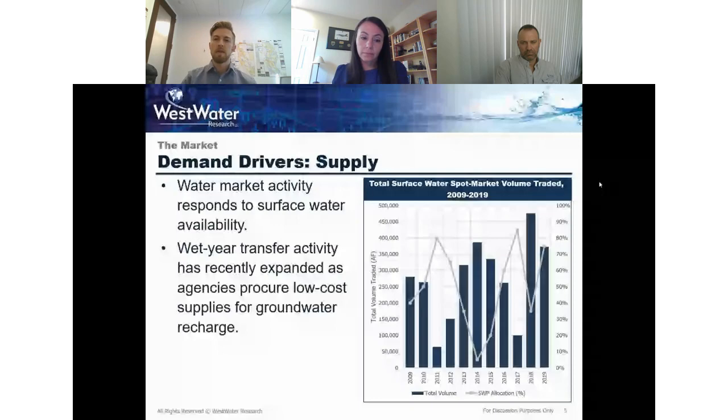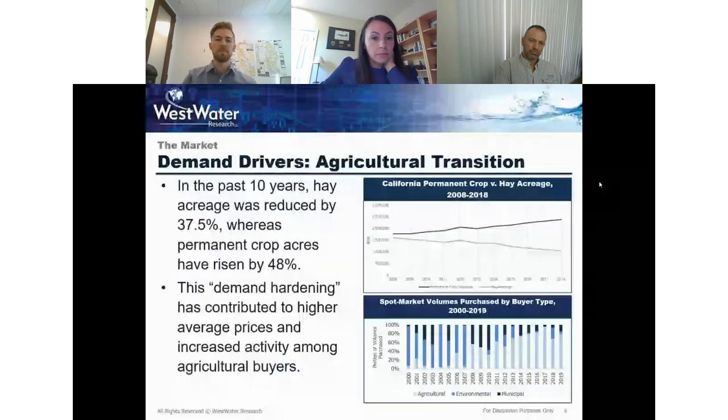Although one important thing to consider, and one thing that we've observed here in recent years, is in wet years, particularly in 2019, where allocations were relatively high, we saw proportionally more water being transferred as we're preparing for SGMA, largely putting that water aside in recharge basins and trying to get ahead of the curve as folks are moving forward.